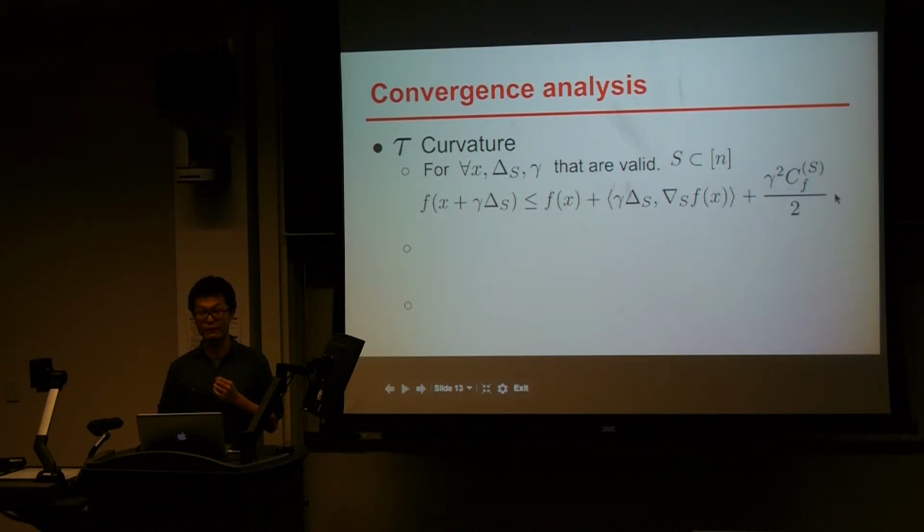This is a key definition in almost all the Frank-Wolfe proofs. We require this constant to hold for any x, delta s and gamma.